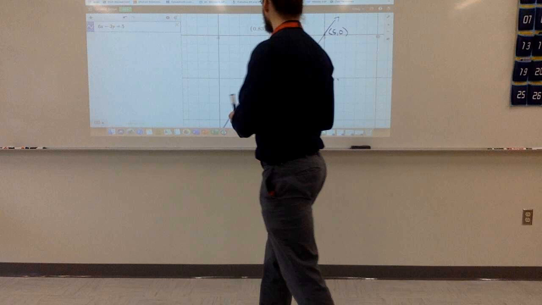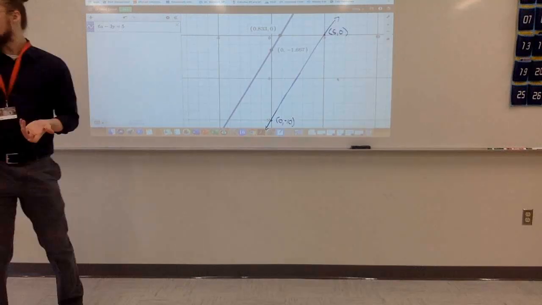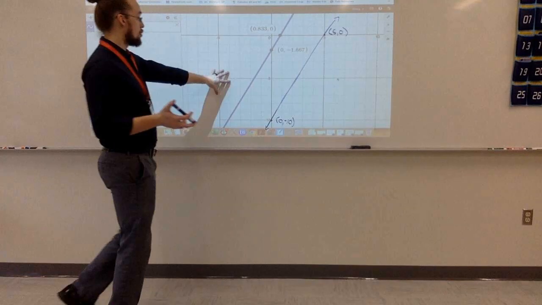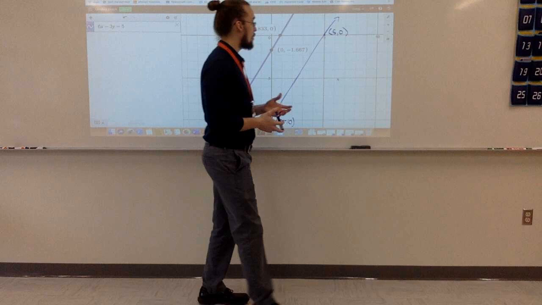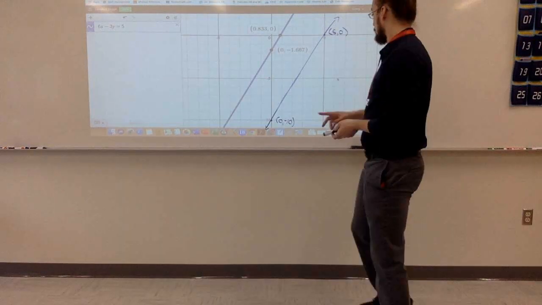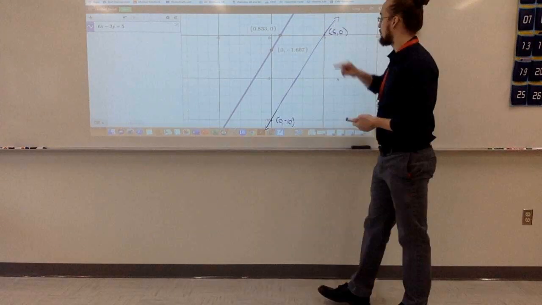Now, what is the slope of these lines? How do I find the slope of a line? Rise over run. So if we're just looking at the graph, I could count boxes. Right? I've got 2 exact points right here.